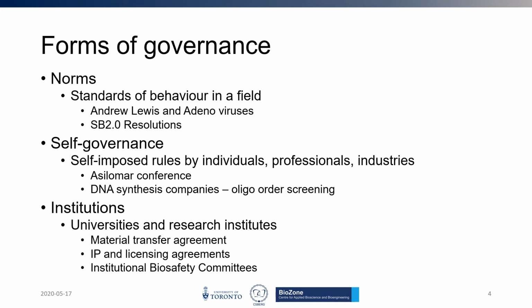In synbio specifically, DNA synthesis companies have over time developed standards for the industry with regards to what sequences they are willing to synthesize for people, given the risk of it, as well as having tools to screen those sequences, to make sure they're not creating anything that could be misused by people in some way. The Asilomar conference is an example of a conference where those self-governance rules were actually discussed.